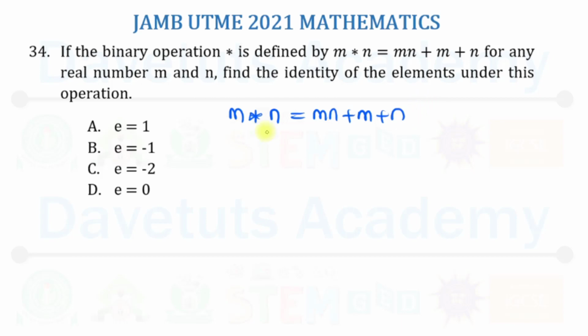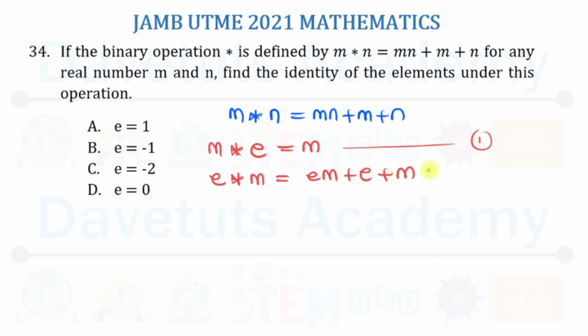For the identity element, we need to come to terms with the fact that if E is our identity element, m asterisk E should give us m, and then E asterisk m should give us Em plus E plus m.